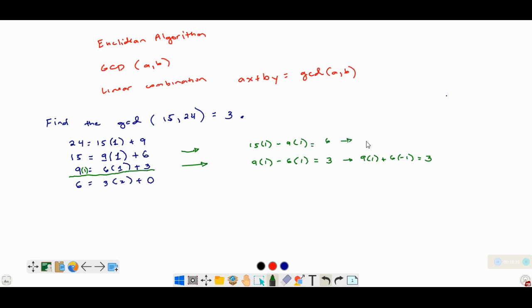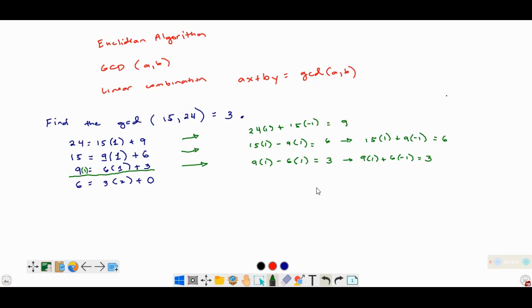Since nakikita nyo na yung pattern, we are going to have here 15 times 1 plus 9 times negative 1 is equal to 6. Dapat laging addition. Sum siya, hindi siya difference. And finally, for the last part, we have 24. Gawin na natin diretsa, 24 times 1 plus 15 times negative 1 is equal to 9.